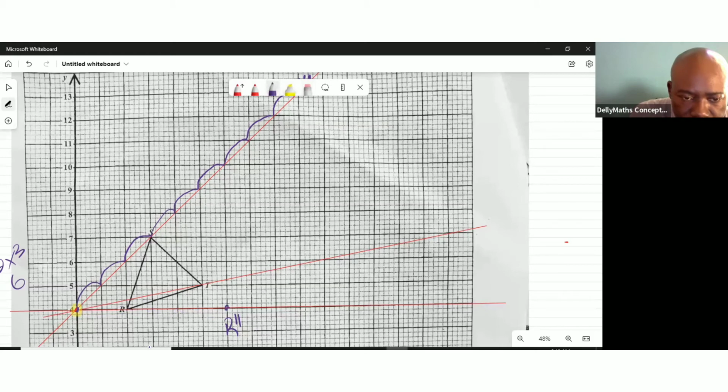T. Look at how I get to T here. You could see that I move 1, 2, 3, 4, 5 places to the right. I'm moving from the center and 1 up. So I'm actually using a translation vector 5, 1. So if I move from the center 5 to the right and 1 up, if you multiply this by 3, you will get 15 and 3 up.